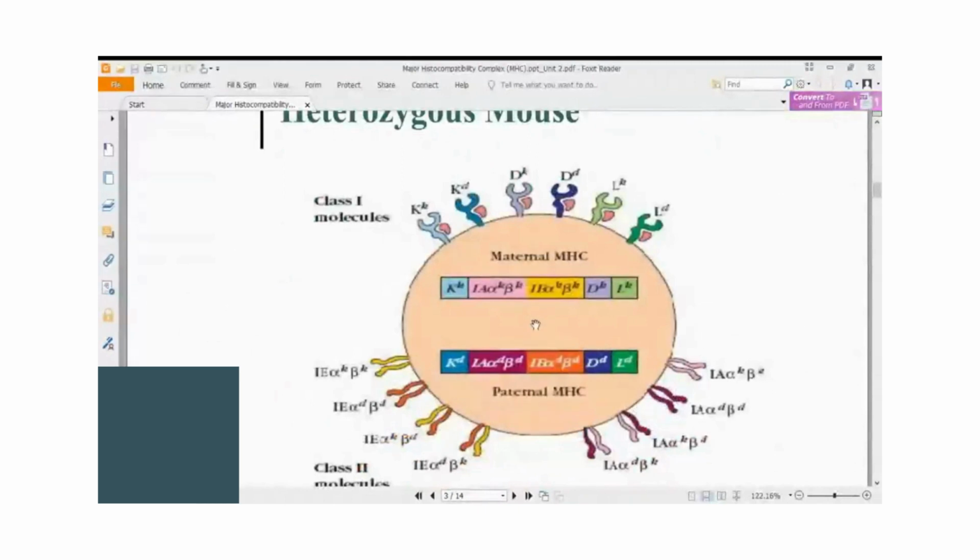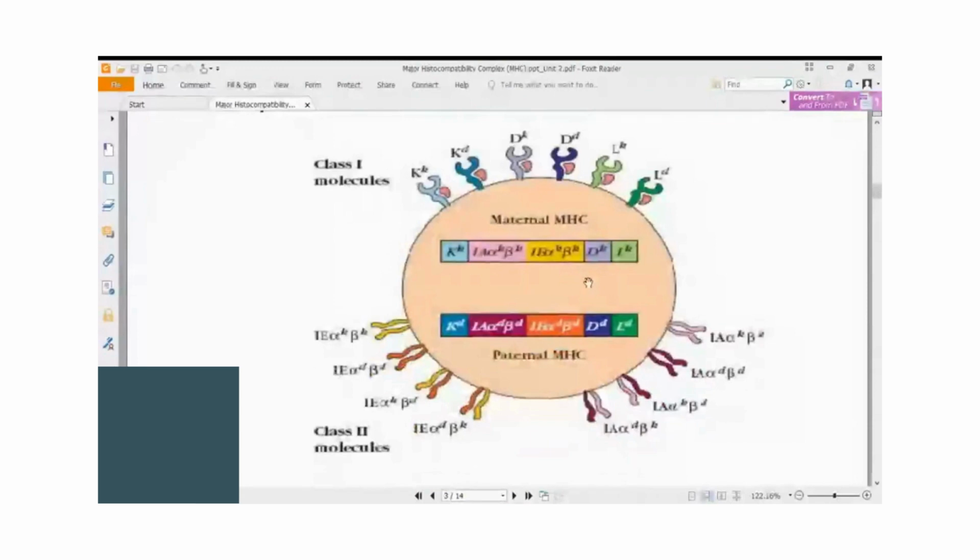It is only the antigen presenting cell that has the special ability of expression of class 1 as well as class 2. If both these classes of MHC are expressed on a particular cell, that means it is an antigen presenting cell. No other. Please underline this point. It is a very important point.